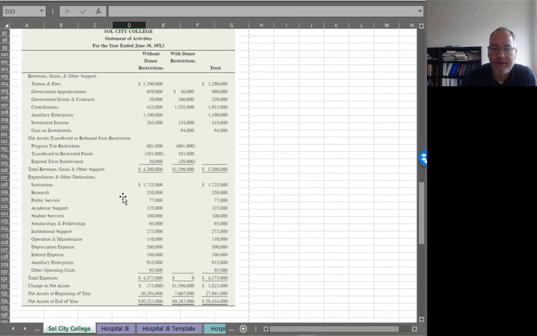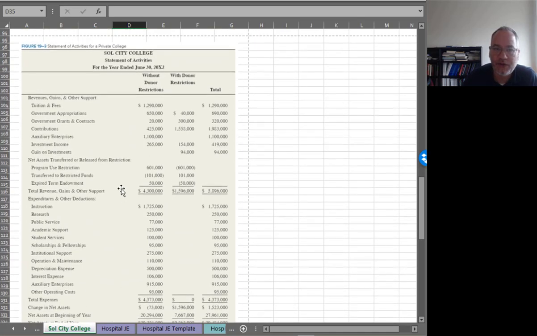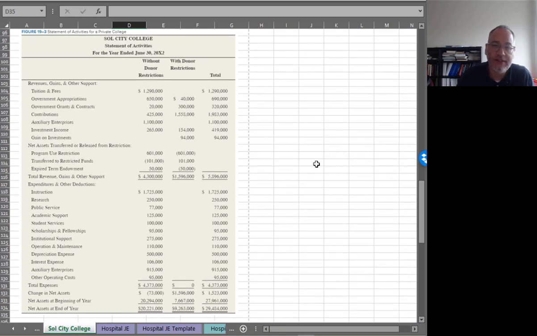Here's a statement of activities. It's probably a little hard to see, but it's in your book, figure 19-3. You can see that this is like an income statement, but it's not. We don't call it income, we call it change in net assets. It's right down here at the bottom. And you have three columns. You have without donor restrictions and with. That distinction is very important.